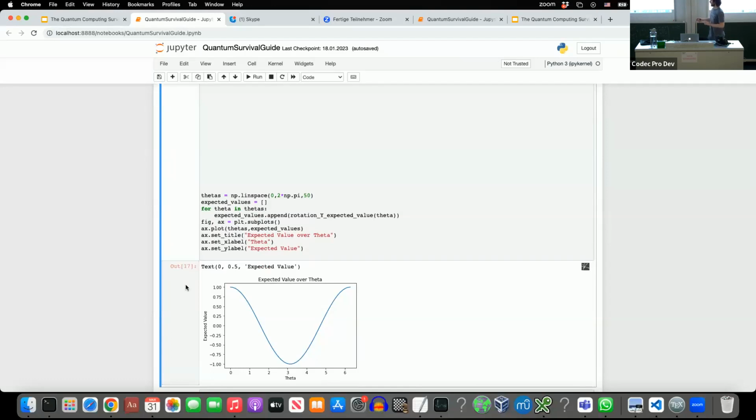So I won't run it again. It will produce the same output. But what we can see is that when we are graphing this expected value, we get a sinusoidal function.